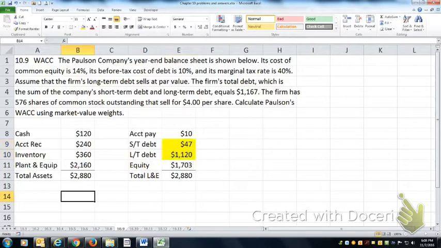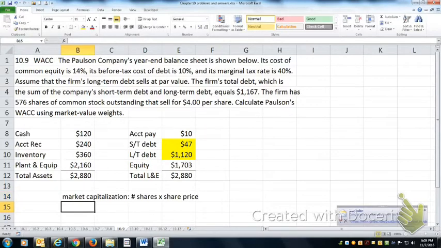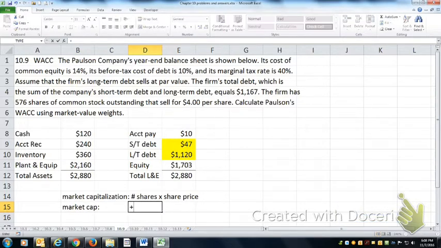However, if we take the common equity and calculate the market cap, or the market capitalization, that's the number of shares times the share price. The market cap here, which is the market value of their equity, is 576 shares at $4 a share, 2304, which is considerably higher than the book value of the equity.